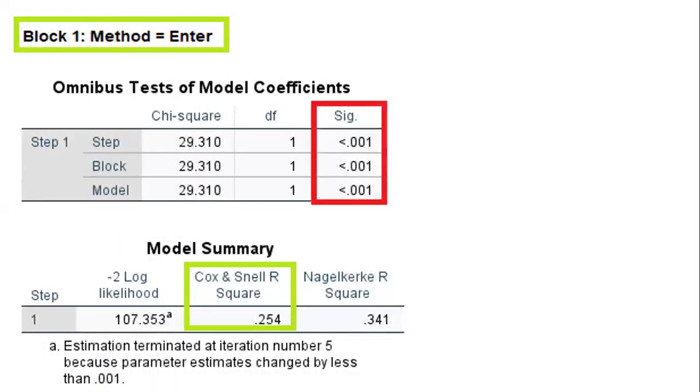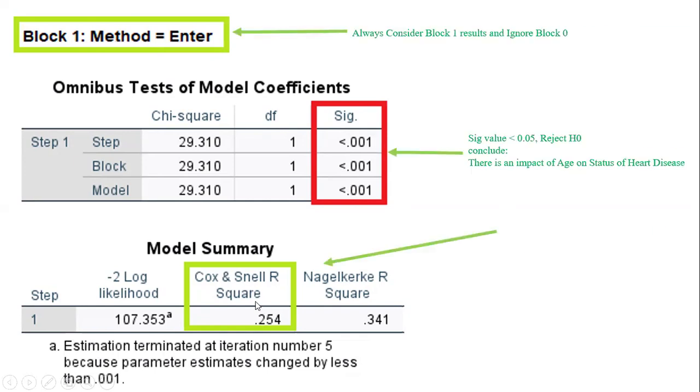We can take the results from block 1, where we can see the significance value and the Cox and Snell R-square value. Always remember that the omnibus test of model coefficients should be less than 0.05. So we can conclude that there is an impact of age on status of heart disease.